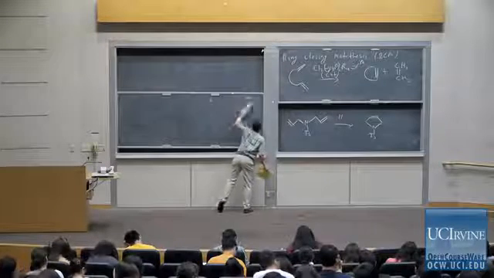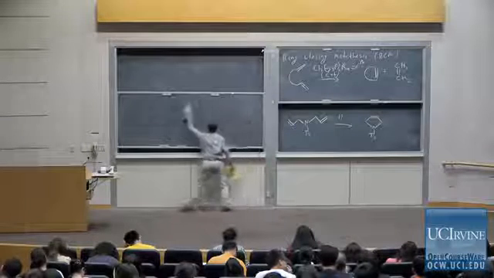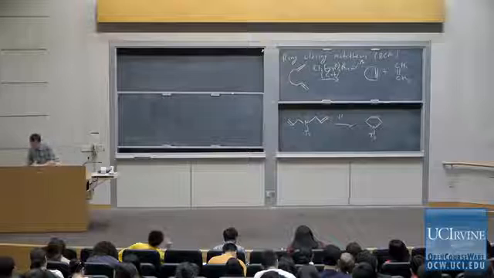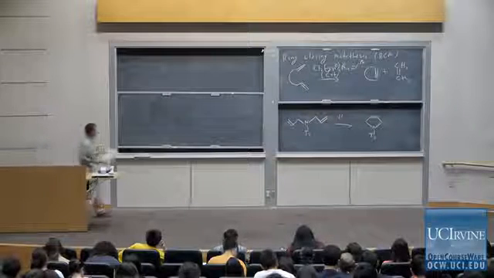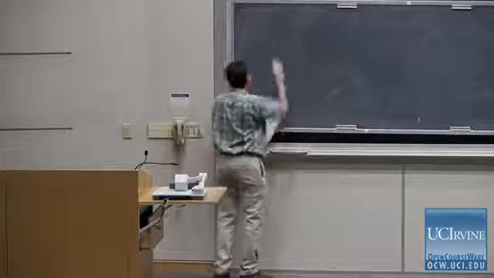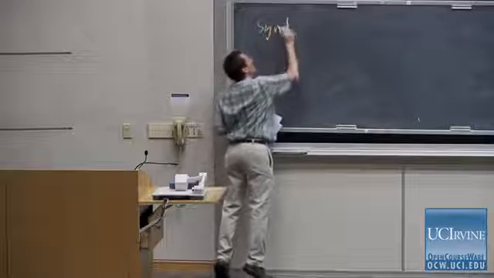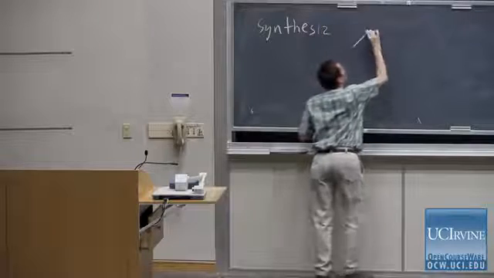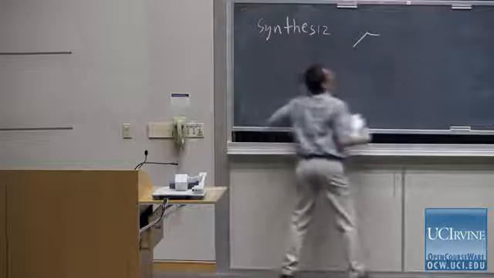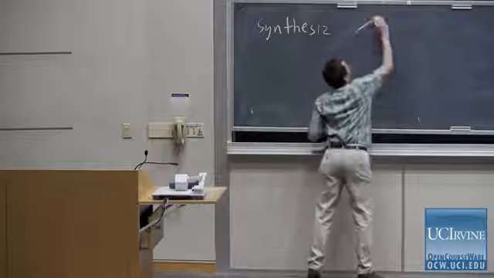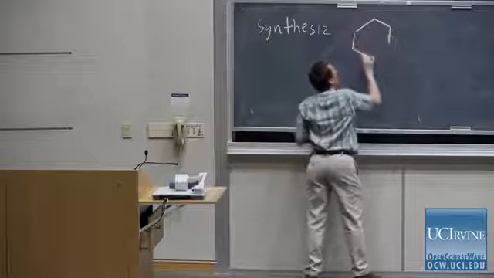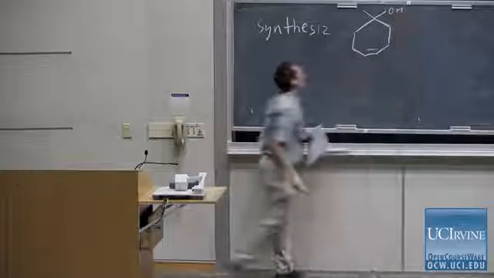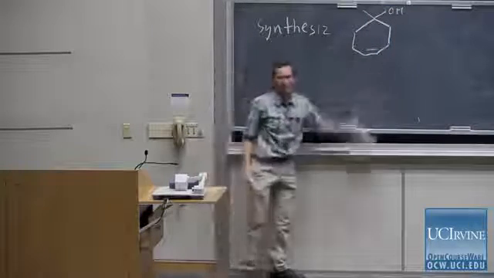And I think that's a nice starting point for the sort of problem that I think you should be able to solve and to think about. So let me show you maybe a thought process. Let's say I want to synthesize this cycloheptene, with an alcohol there and a double bond.